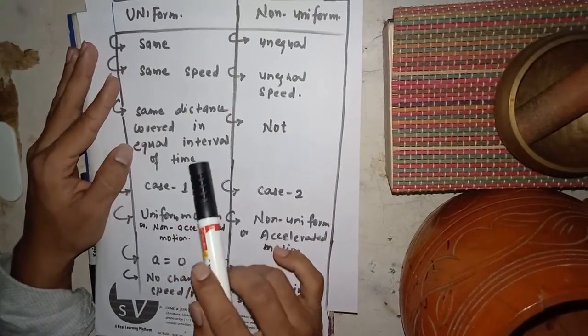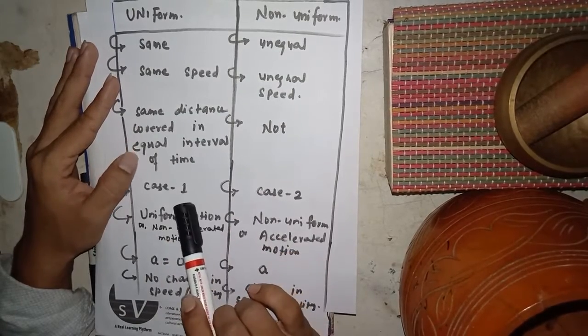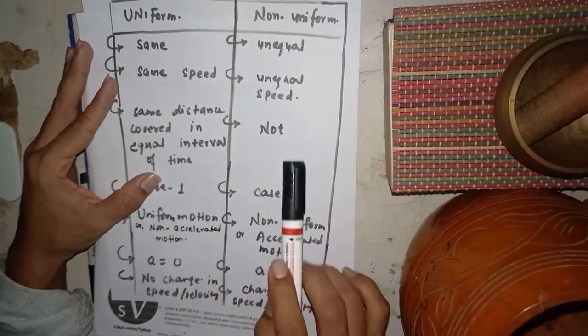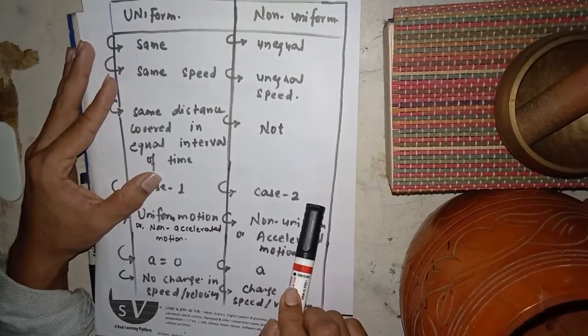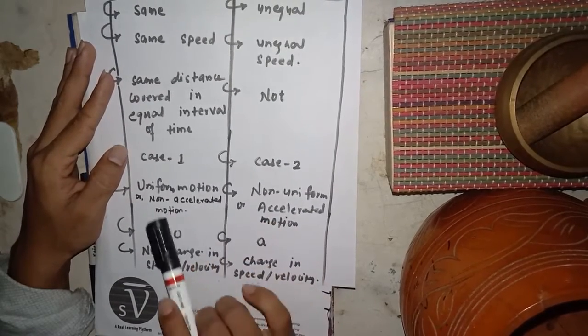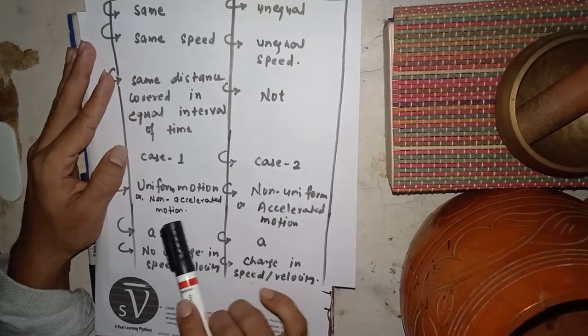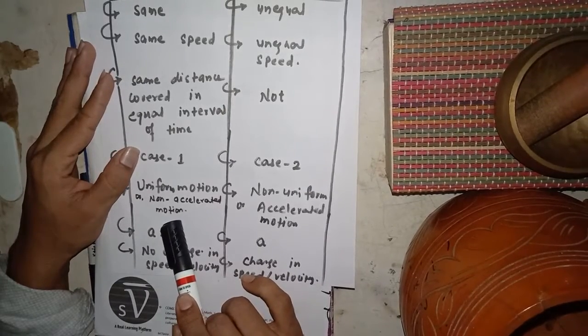So I have already given you an example for the glimpses of this kind of motion in case 1 and for non-uniform motion in case 2. For case 1, the motion is called uniform motion or non-accelerated motion because acceleration is 0 here, because the velocity is same everywhere.